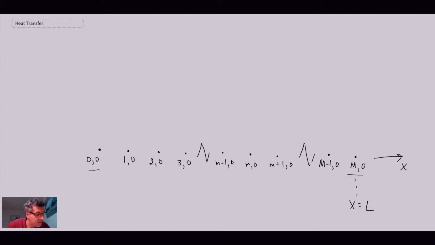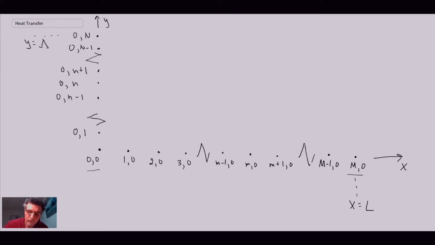And I will do the same for the y-axis. So here we have a simplified version of what our grid might look like, and what I've drawn in are nodes, and I've tried to label those nodes.